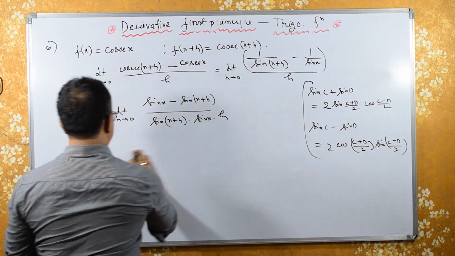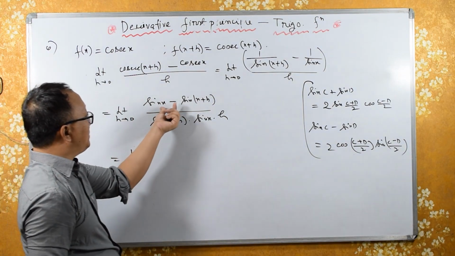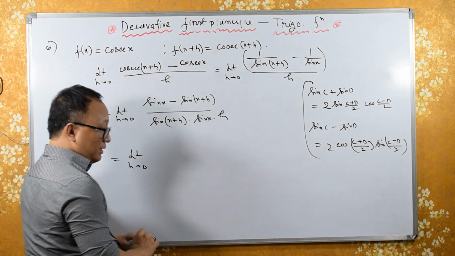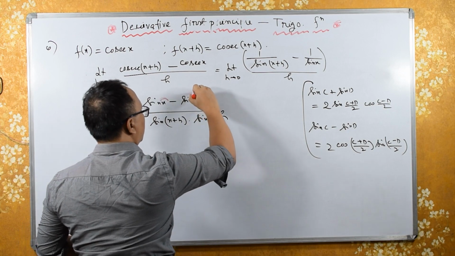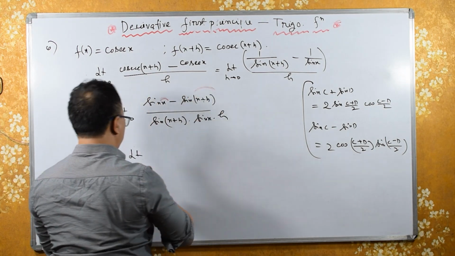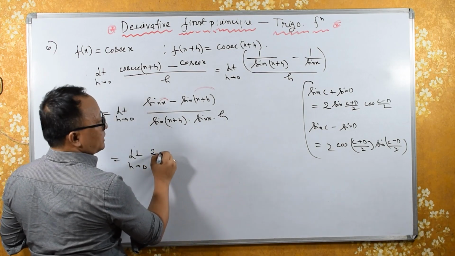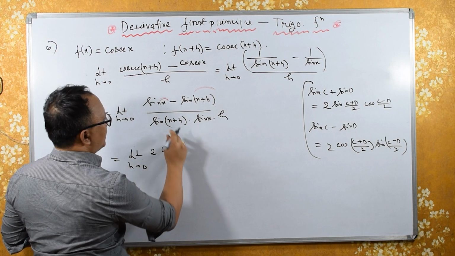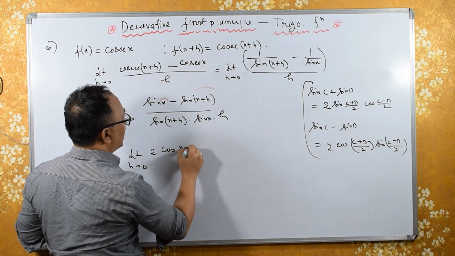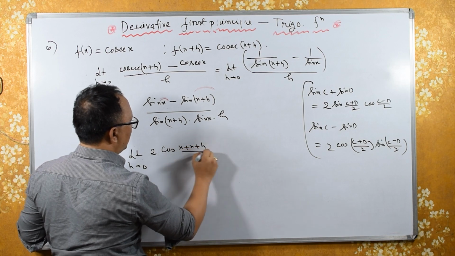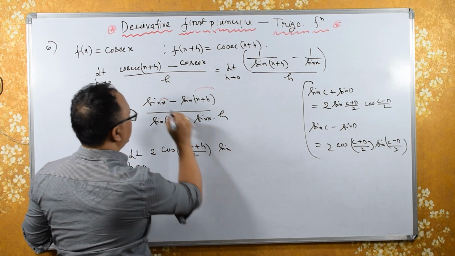This is equal to limit of h tends to 0. Our c is this and our d is this. Now twice cos of c plus d upon 2, which means x plus h upon 2, into sine of c minus d.